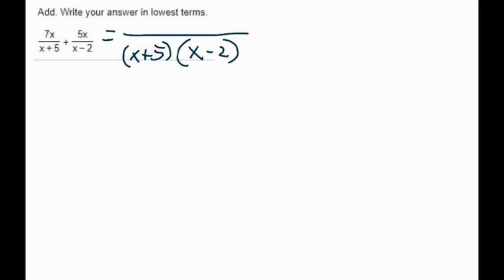What we're going to have to do here is multiply 7x times x minus 2, then multiply 5x times x plus 5. So we're going to go ahead and work this out.